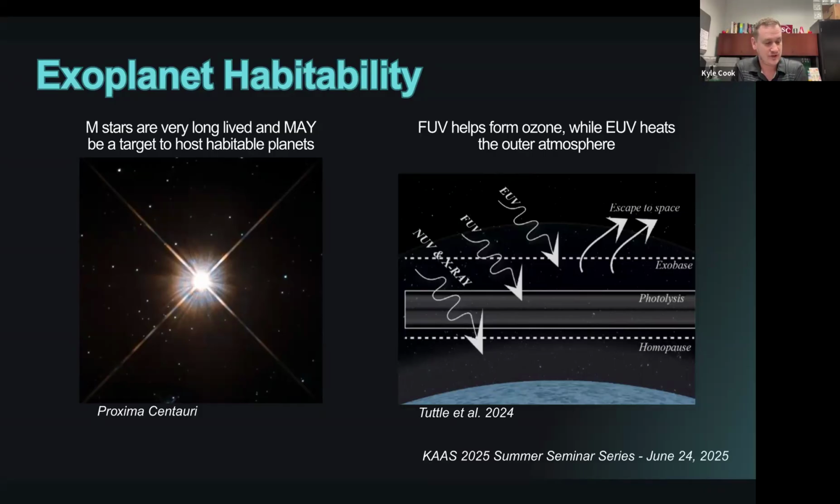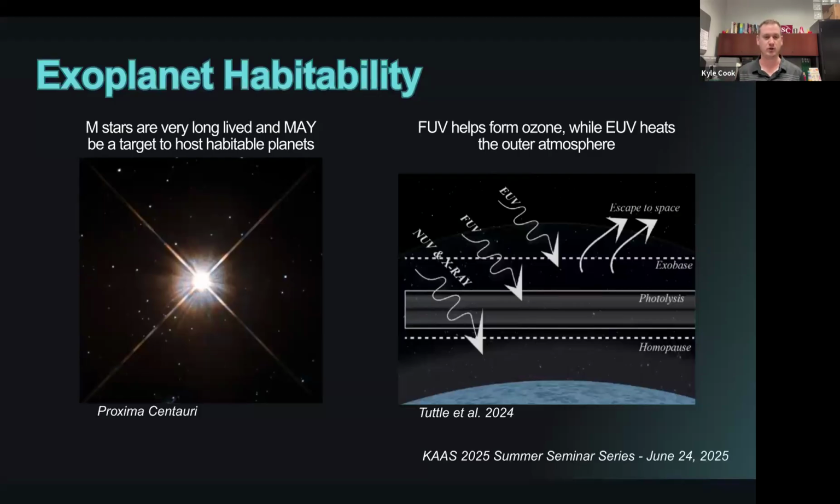We go back to stars in general. Massive stars, we're probably not going to find any kind of intelligent life around an O star, just because those stars don't live long enough for planets to form, life to form on planets, and then life to evolve to a point like we are now.